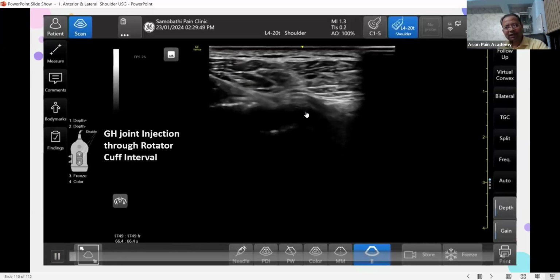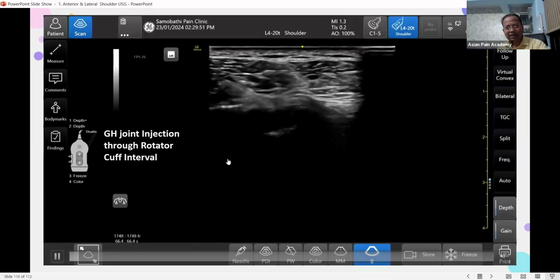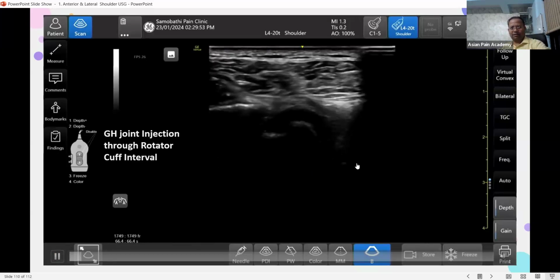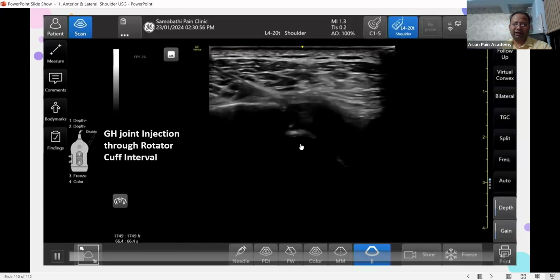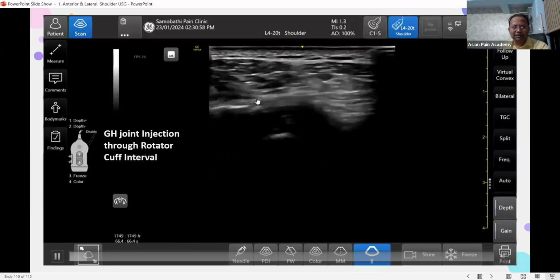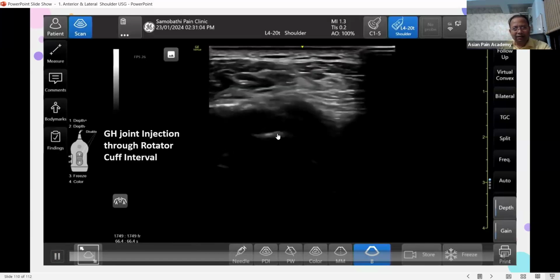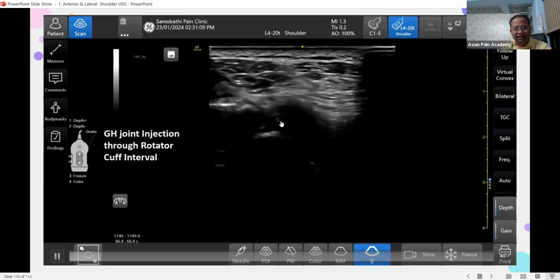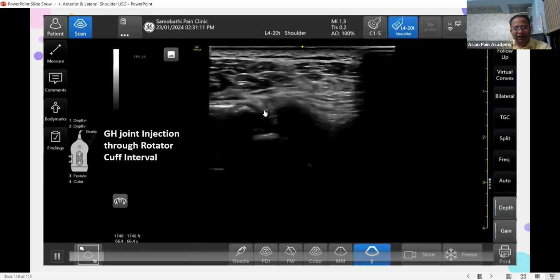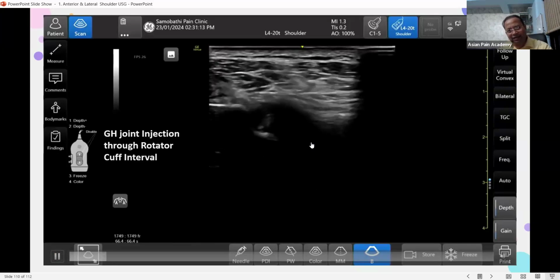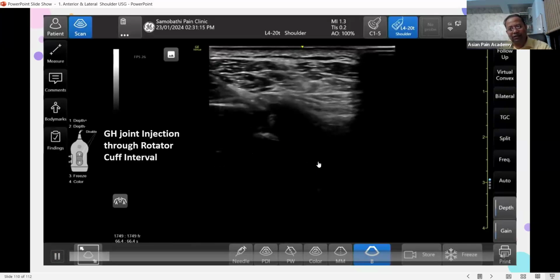So needle is coming from the lateral side. Here, it is a bit difficult to see. So this side is lesser tuberosity. Okay, this side is greater tuberosity, and this is the bicipital groove, and this is the tendon. So this is the biceps tendon.